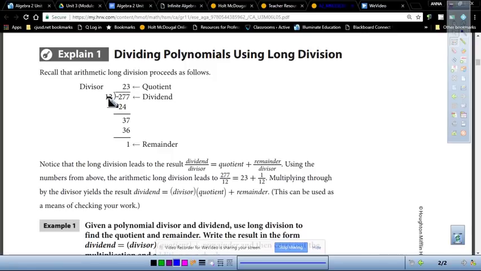But the result, 23 and 1/12, is not an integer. So notice an integer divided by an integer was not an integer here.